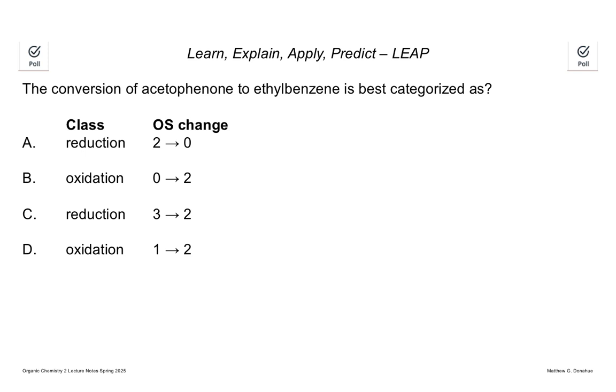So let's consider this reaction. It says acetophenone going to ethyl benzene. In that reaction, is it an oxidation or reduction? And then how do those states change?